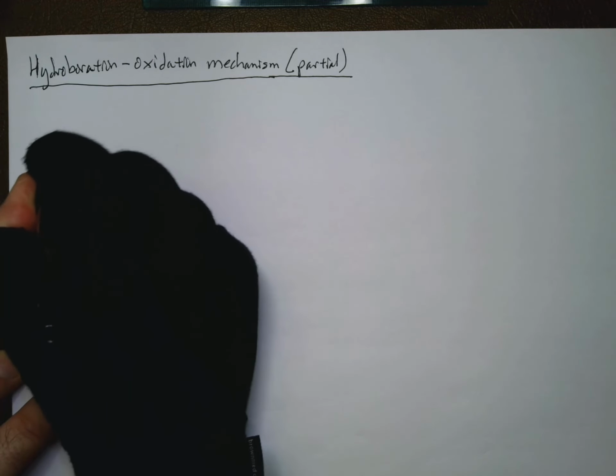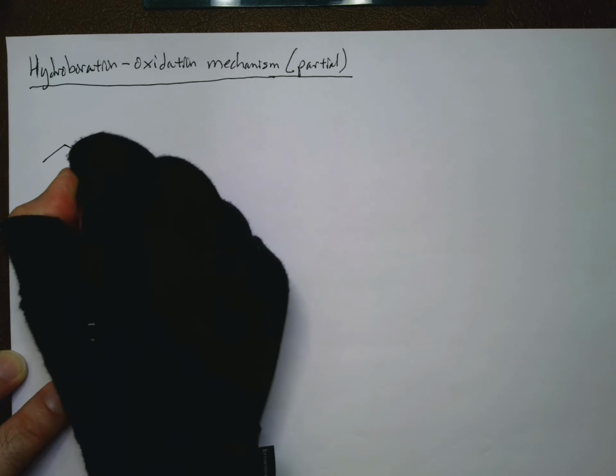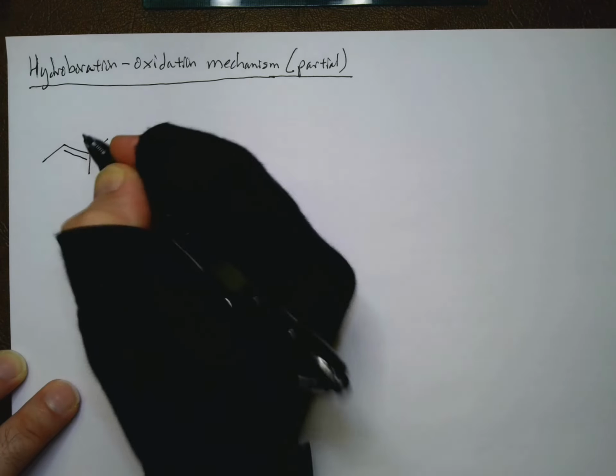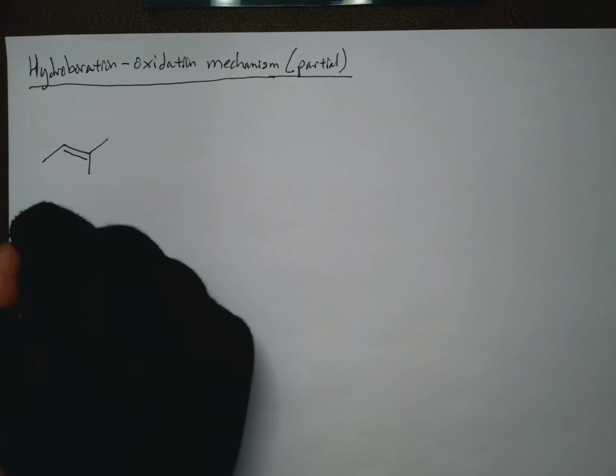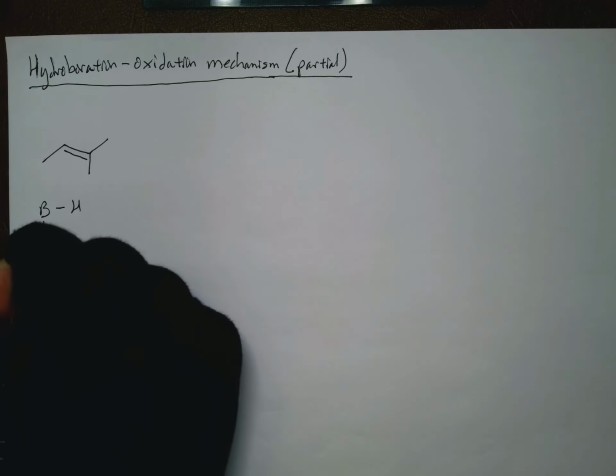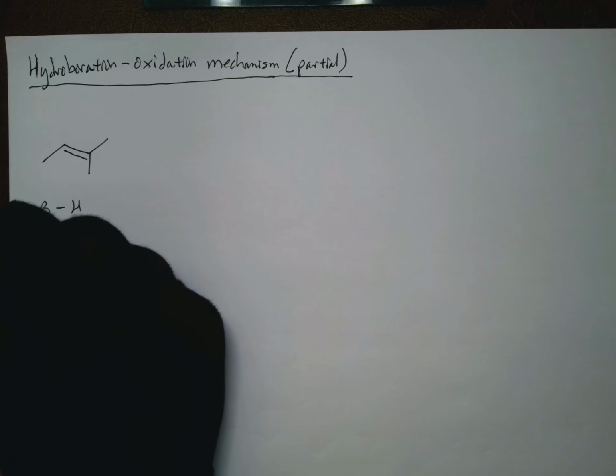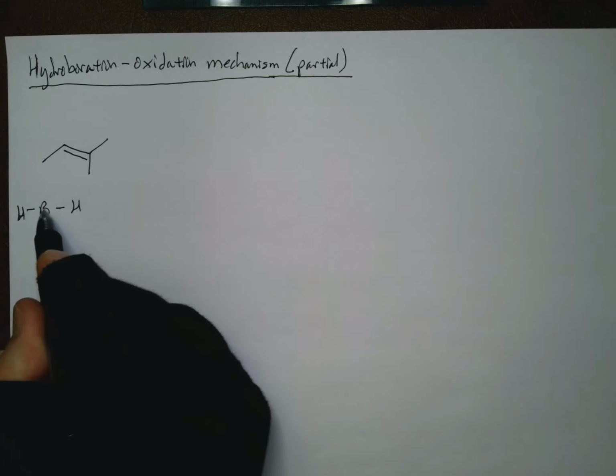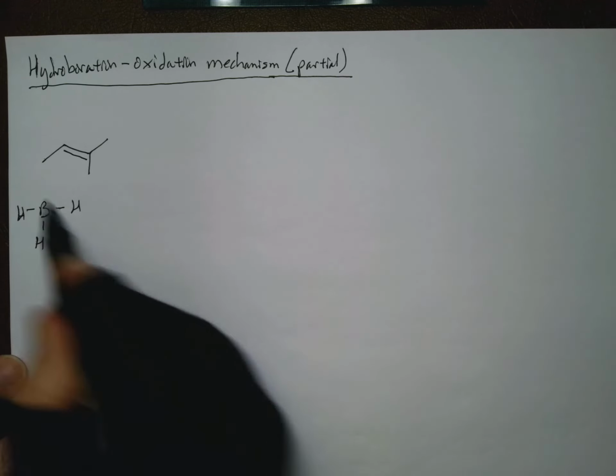So what we have is our alkene, and then we're going to have B, H, H, H. And this is from the BH3.THF, but I'm just going to show this part.